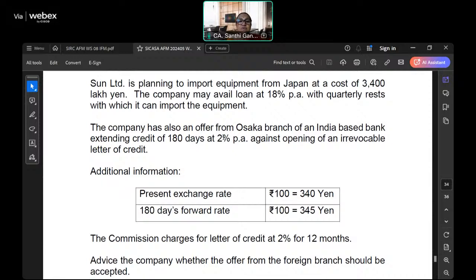They also have an offer from Osaka branch who can extend a credit of 180 days. So additional information is given. What is the present exchange rate? What is the 180 days forward rate? Commission charges for letter of credit. That is also given. So please try.